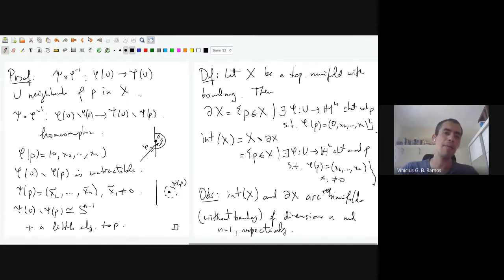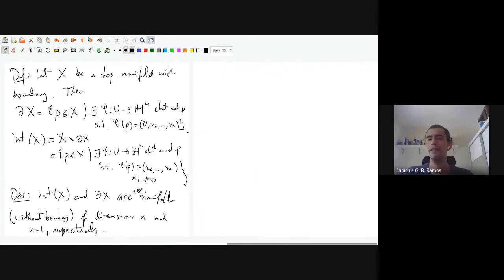All right, so far we've only talked about topological manifolds with boundary, so now we need to say what a smooth structure on H^n is.